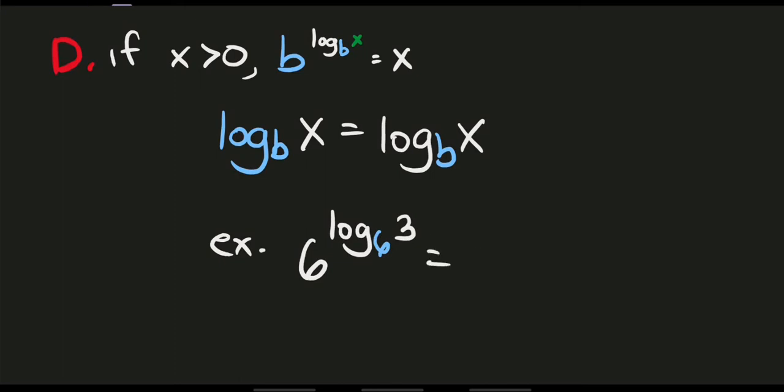Okay, since we have this expression again, if we have this common set of base, so our first base is 6, and the base of its exponent written in its logarithmic form is also 6, so that is equals to 6. Automatically just cancel out this set of values. Okay, and the answer is simply 3. Okay, so that is our property number 4.